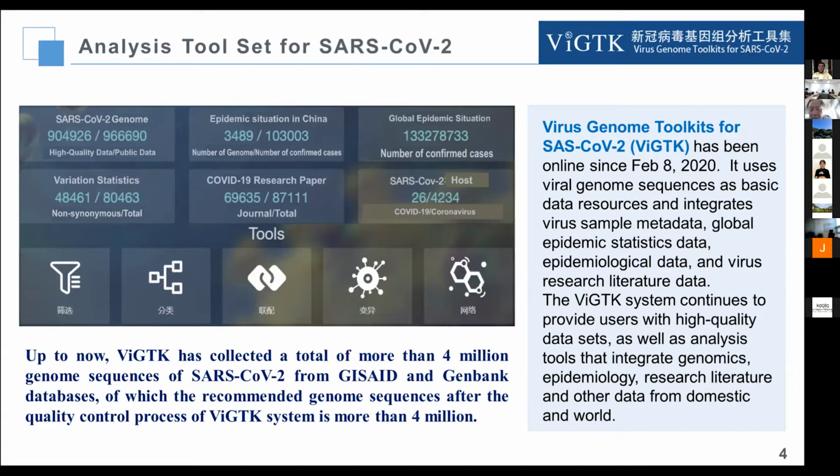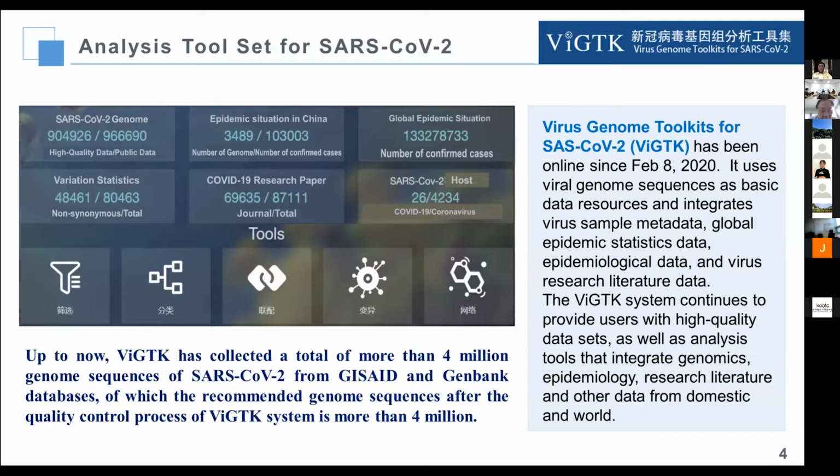Our VERDTK system continues to provide users with high quality data sets, as well as analysis tools that integrate genomics, epidemiological research literature, and other data from domestic and all over the world.